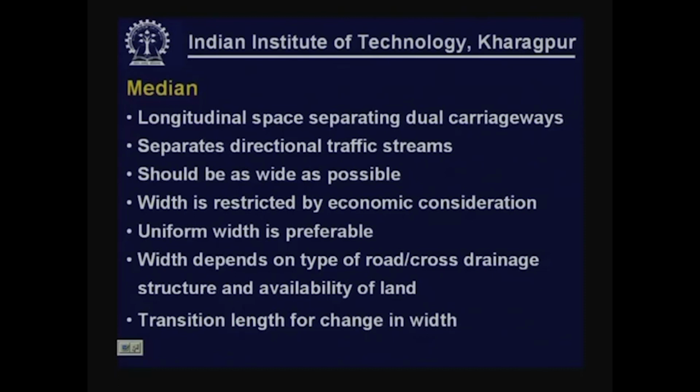It essentially separates the directional traffic streams for the upstream and downstream portions of the road, and in between, the median is kept. The width of the median should be more as far as possible, because it is always advantageous if the width is more.